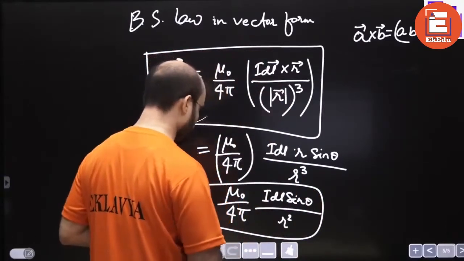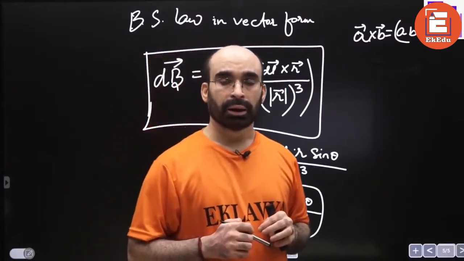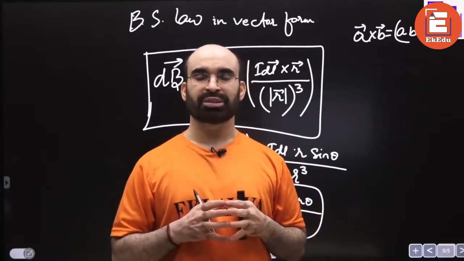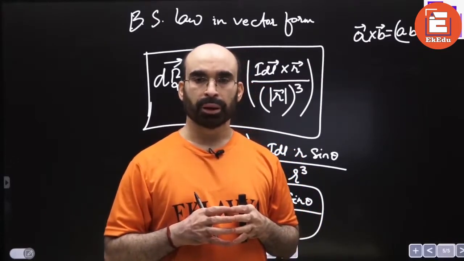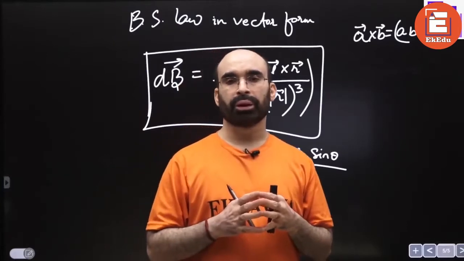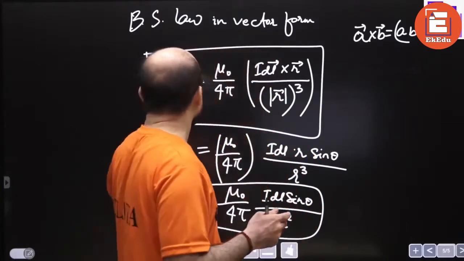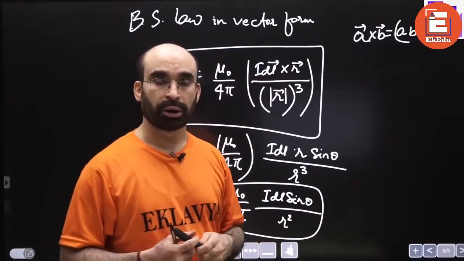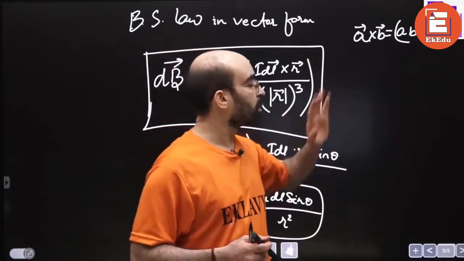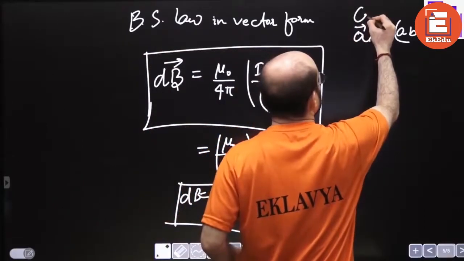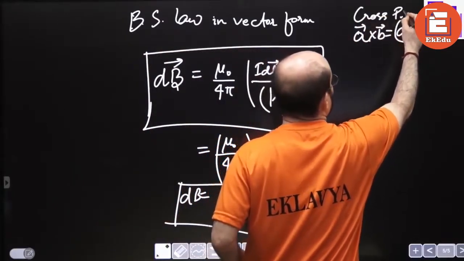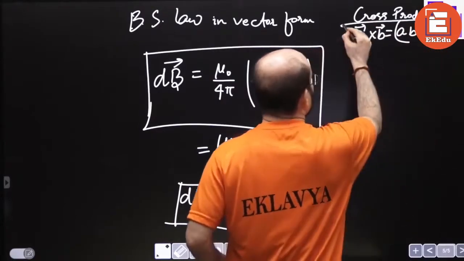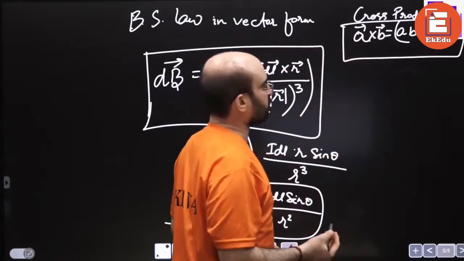Now, you are saying that this is a vector product of two vectors, Idl cross r. All right. But if you wish to find out the direction of magnetic field, what is it going to be? The magnetic field is directed perpendicular to these two vectors as per the concept of cross product or vector product. This we need to understand.